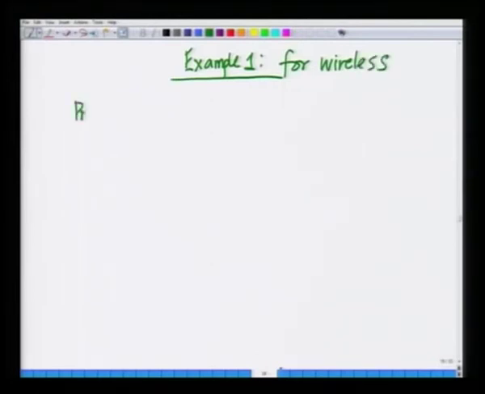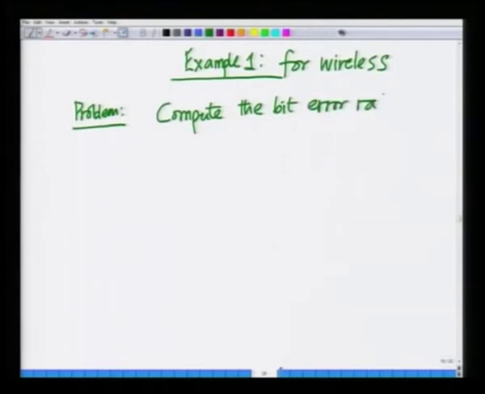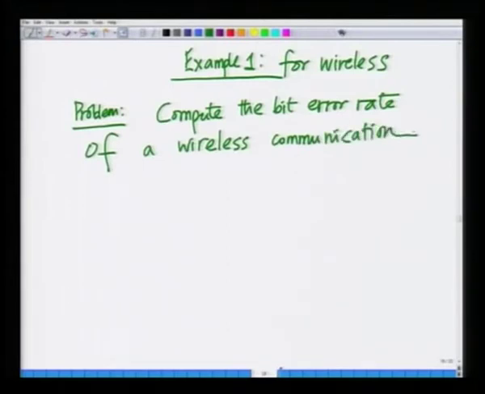The problem is as follows: compute the bit error rate of a wireless communication system at SNR equals 20 dB.